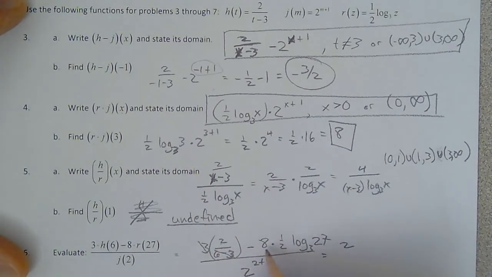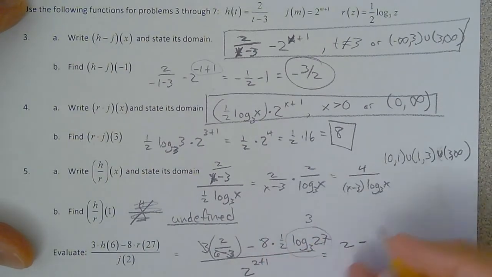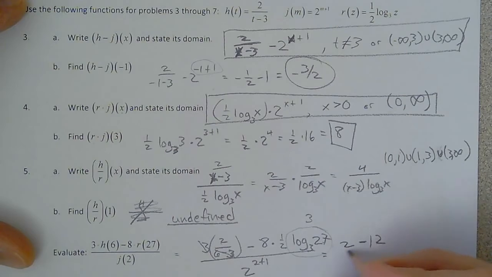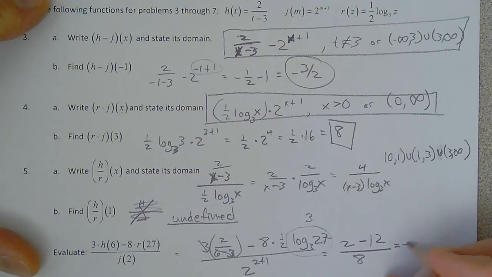Half of 8 is 4, so this is minus 4. 27 is 3 to the 3rd power, so log base 3 of 27 is just 3. So we've got a 4 times 3 there. That's 2 minus 12 over 2 to the 3rd power, which is 8. So I get negative 10 over 8, which reduces to negative 5 over 4.